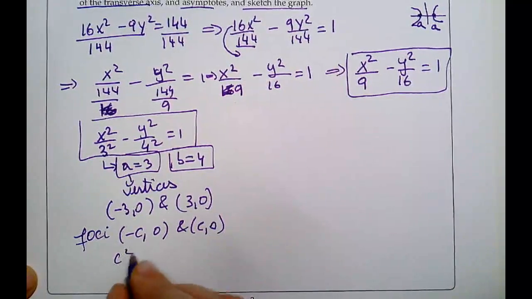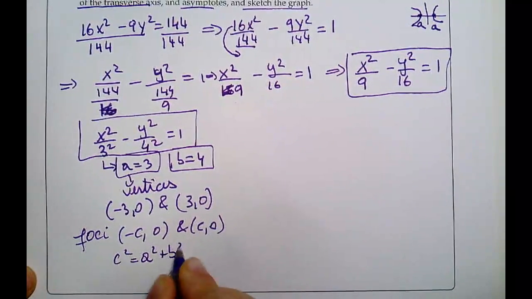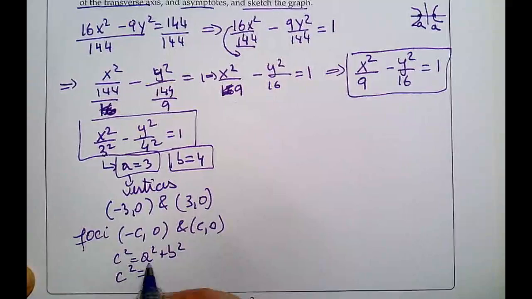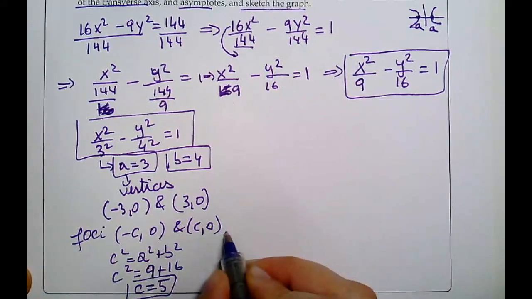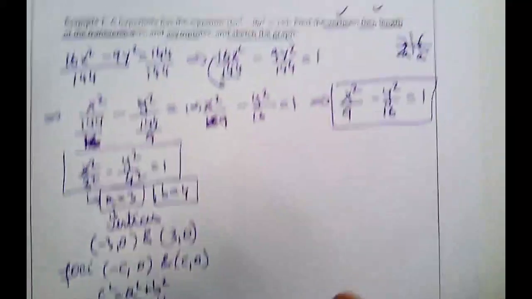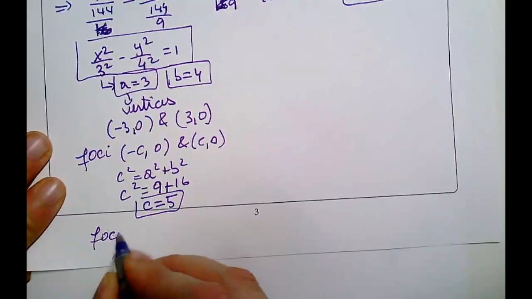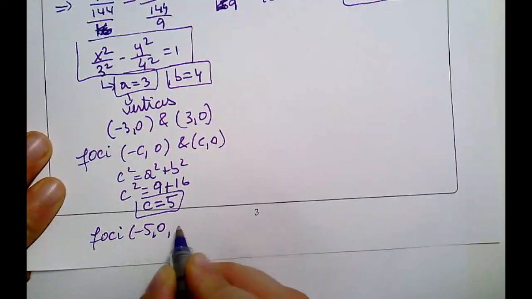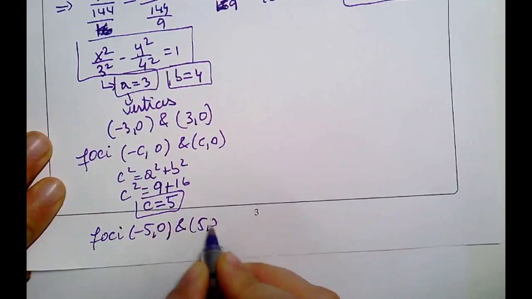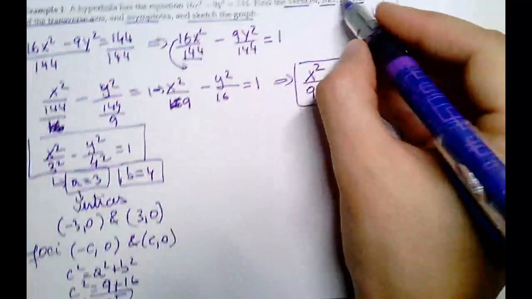So c squared equals a squared, which is 9, plus b squared, which is 16. So c is going to be the square root of 25. So it's going to be 5. We're looking at the positive one. So the foci are going to be, I'm going to write down below here, the foci are (-5, 0) and (5, 0). So we found the foci.